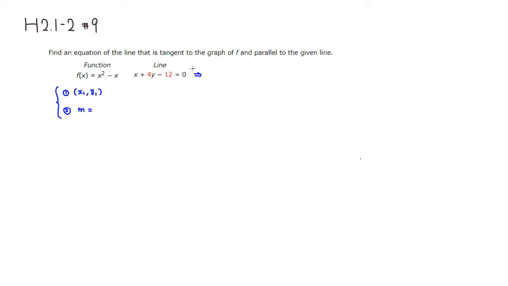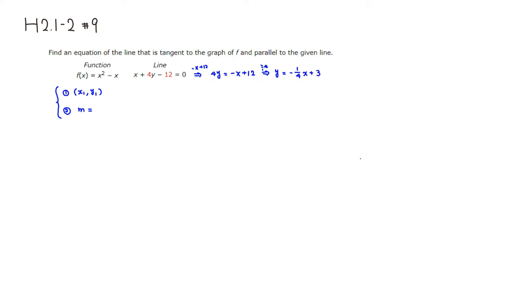Let's see, I'm going to subtract x and add 12, so that we have 4y is equal to negative x plus 12. Then we can just divide through by 4 so that the y is all by itself. So we're going to have negative 1 over 4 x plus 12 over 4, which is 3.